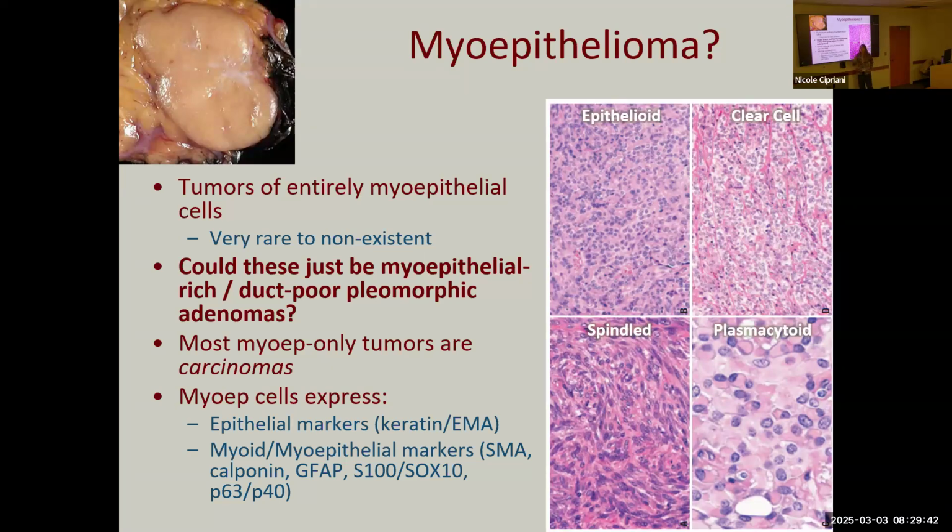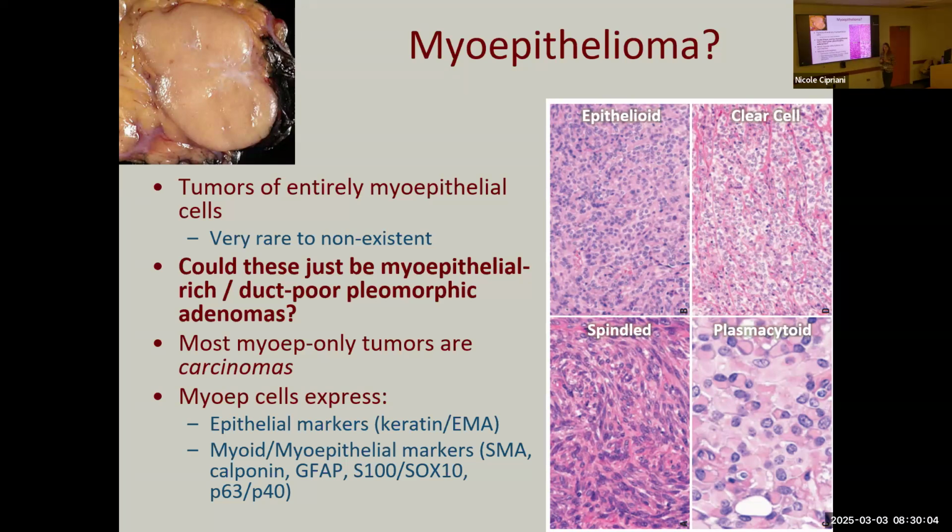Most truly myoepithelial pure tumors are actually malignant, right? So if you're dealing with a truly myoepithelial pure tumor, think about either it's a PA in disguise or it's really a myoepithelial carcinoma.